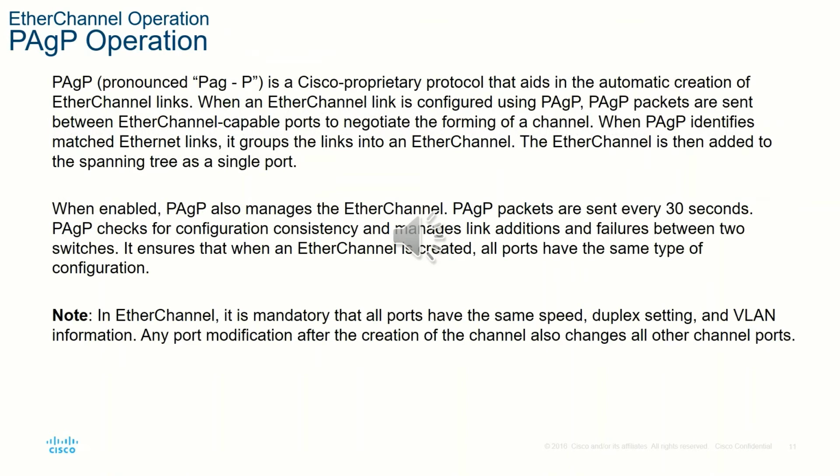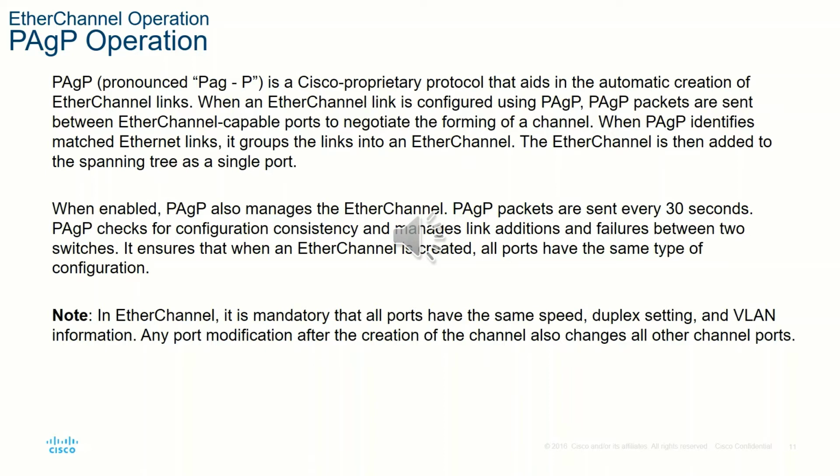Let us discuss how PAgP operates. PAgP is a Cisco proprietary protocol. PAgP is used in switching devices to support the automatic creation of EtherChannel links. PAgP allows switch ports with similar characteristics to form a single logical channel. PAgP creates an EtherChannel through dynamic negotiation with the adjoining switches.